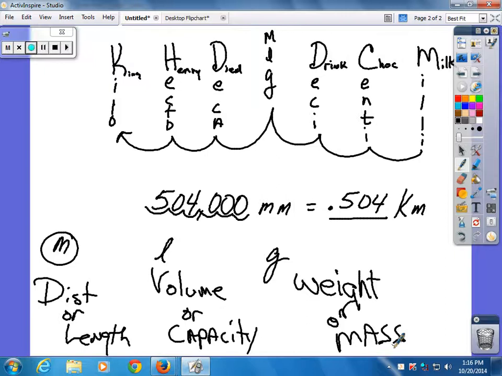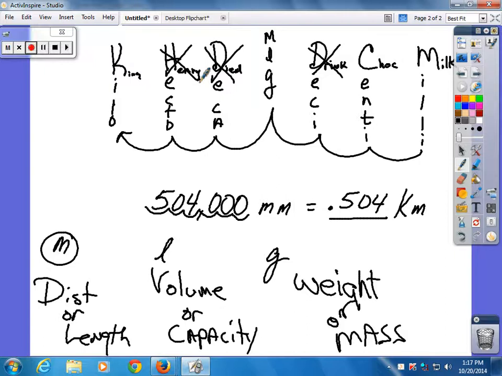Why? Because it's biggest. A swimming pool is not a 5-gallon bucket. A swimming pool is huge. As far as capacity goes, because there's a lot of water in it. So you wouldn't use milliliters or centiliters. In fact, if you want to know the truth, these are hardly ever used unless you're just strange.